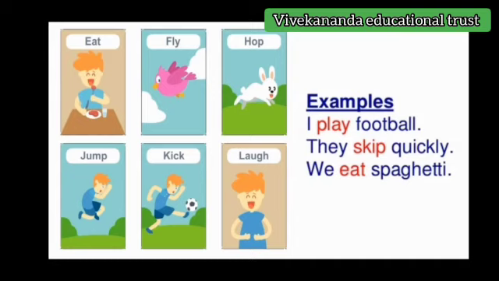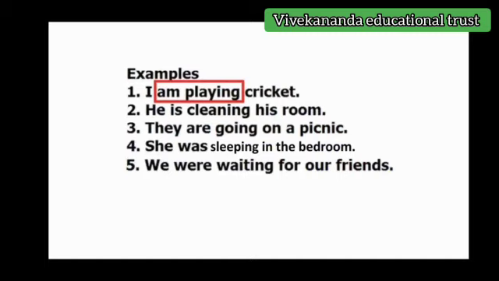So these are action words, otherwise called verbs. Let's see the verb in example sentences. I play football. They skip quickly. We eat spaghetti. So in these sentences, the words that are in red color are said to be verbs because they show action.